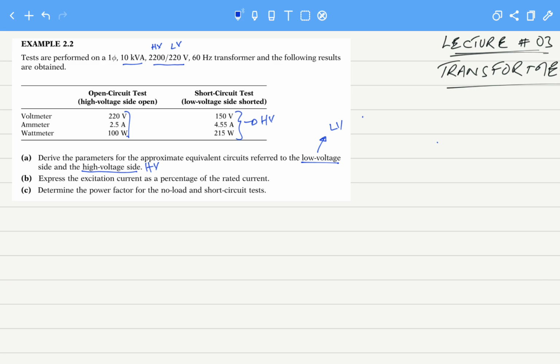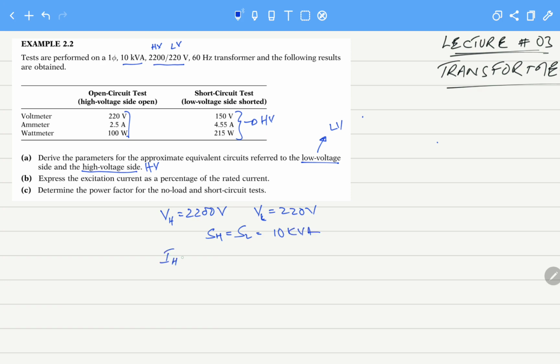Also important to note is that V high voltage rated is 2200 volts, and V low voltage rated is 220 volts, and the power for the transformer, S high voltage equals S low voltage, equals 10 kVA. So we can calculate our values.